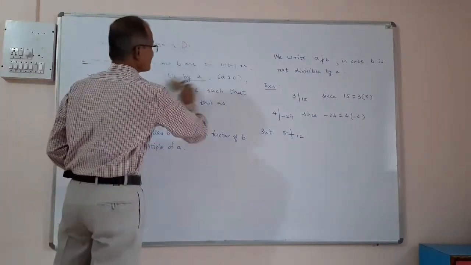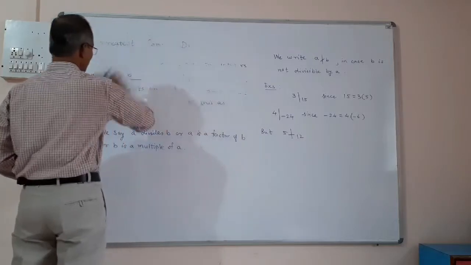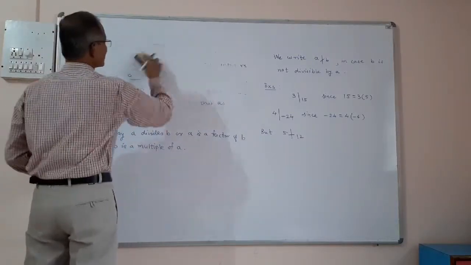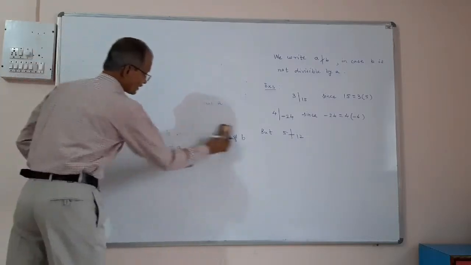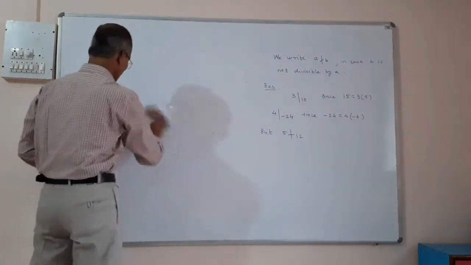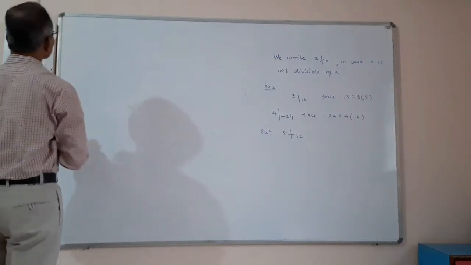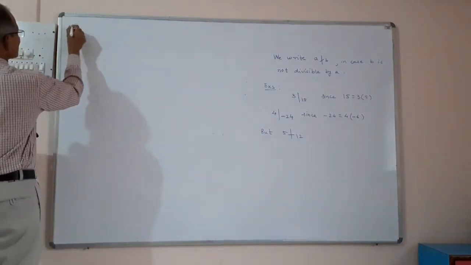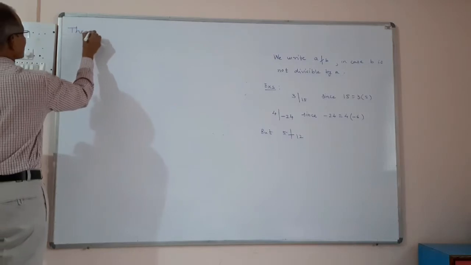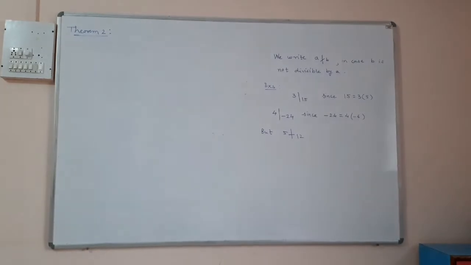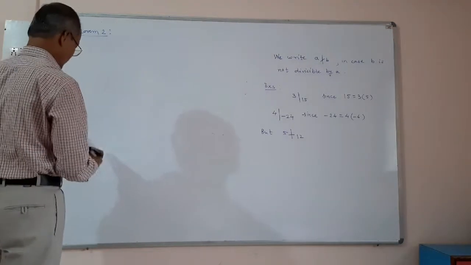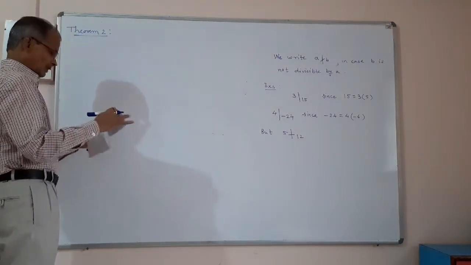Now we shall consider some properties of this divisibility relation as a theorem. Theorem number 2. Now we should write the statement of the theorem. See, the statement is like this. For integers a, b, c, we have the following results.